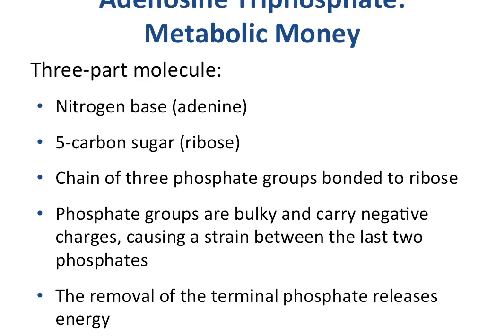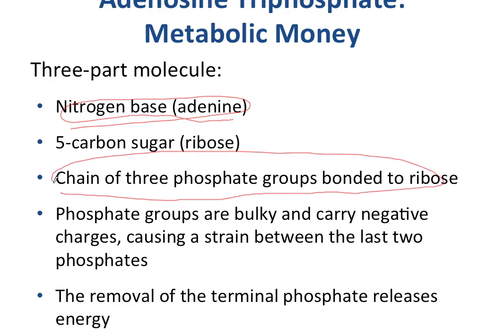Now let's talk about ATP. It has three parts. It has ribose, a five-carbon sugar, and a nitrogen base, which is adenine. It has a chain of three phosphate groups, so this is called ATP.